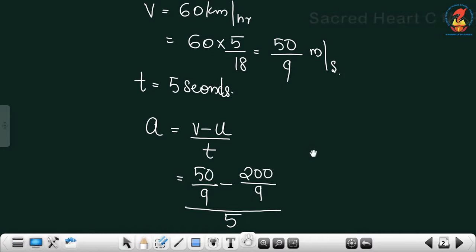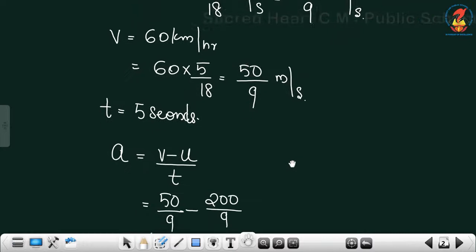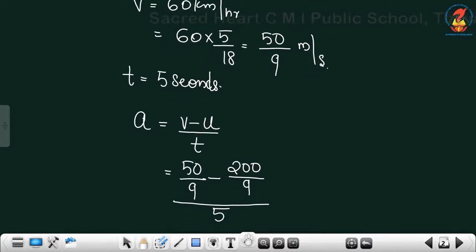Let me check whether it is 200 by 9. Sorry, 150 by 9. Here it is 150. 60 into 5, you can cancel it with 2, so 3 into 5, 15. So 150.